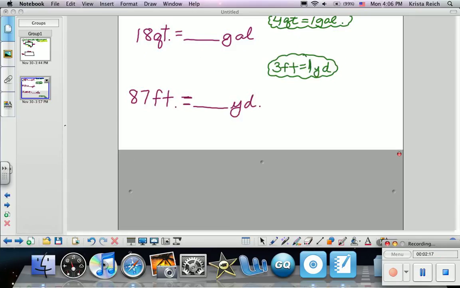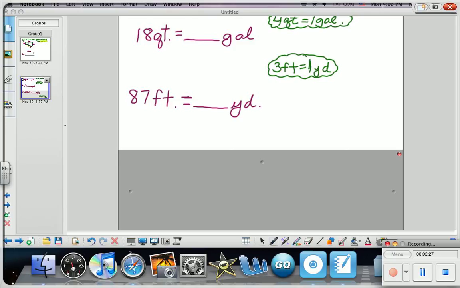This next one here, remember the first thing that you're going to want to do is you're going to want to establish whether you're going to be multiplying or dividing. So if we look at our first unit, it is feet. So we're going small into big, small into big. And when we go from small to big, we are dividing. So I'm taking 87 feet and I'm going to divide it by my conversion factor.